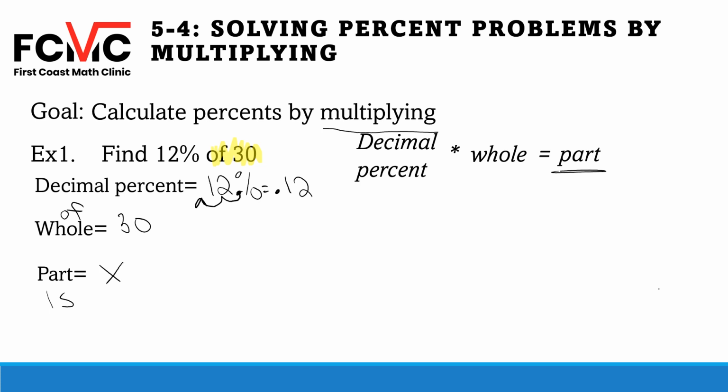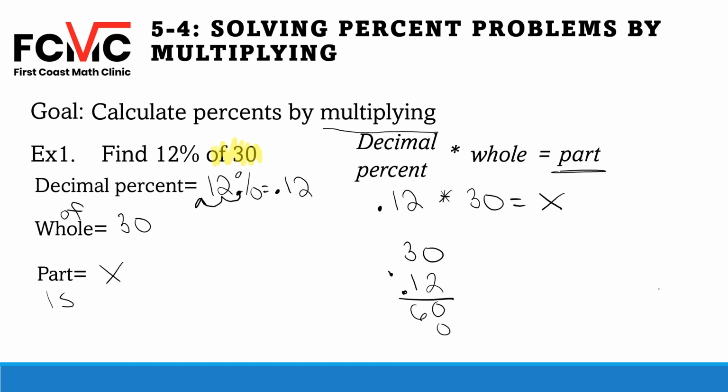So we can substitute our values in. Decimal percent is 0.12 or 12 hundredths times our whole, which is 30, equals our part, our unknown x. So multiplying 30 times 12 hundredths. Just doing this one out, 2 times 0 is 0, 2 times 3 is 6.